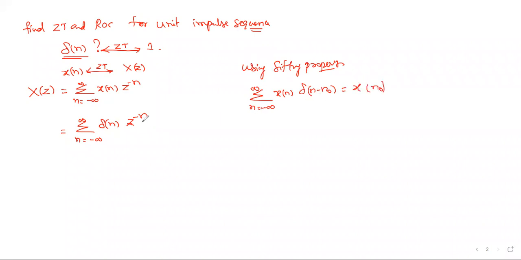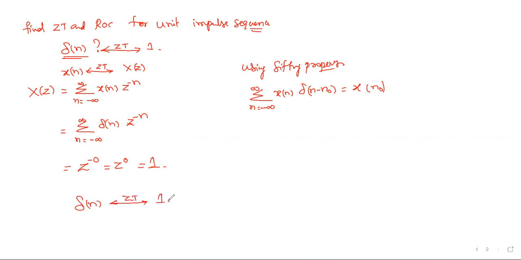So now what is the n naught value here? Del of n is there. What is the n naught value? 0. So z power minus 0, or we can say z power 0. Anything power 0 is 1. So the Z transform of del of n will become 1.